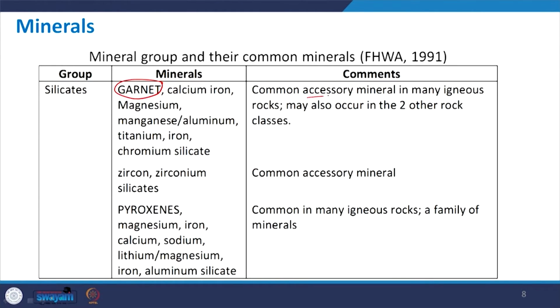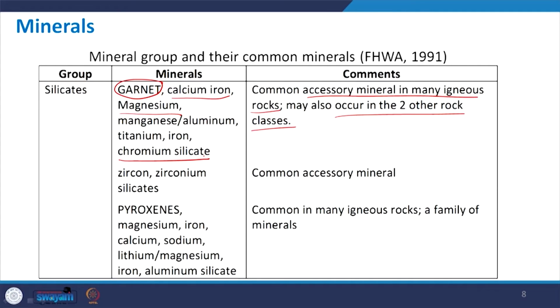It is a common accessory mineral in many igneous rocks, and it may also occur in the other two rock classes, sedimentary and metamorphic. It has calcium, iron, magnesium and aluminum, titanium, iron and chromium silicate as minerals.